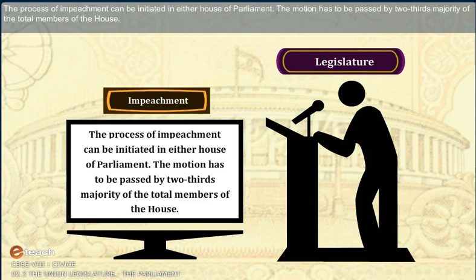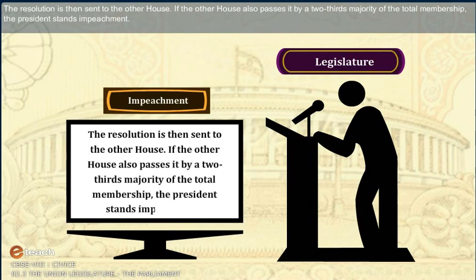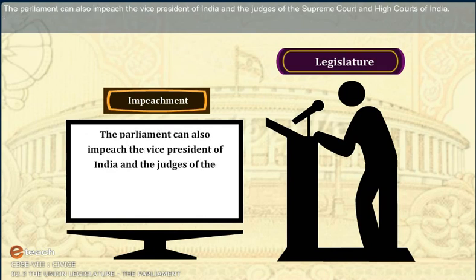The motion has to be passed by 2/3 majority of the total members of the House. The resolution is then sent to the other House. If the other House also passes it by a 2/3 majority of the total membership, the President stands impeached. The Parliament can also impeach the Vice President of India and the judges of the Supreme Court and High Courts of India.